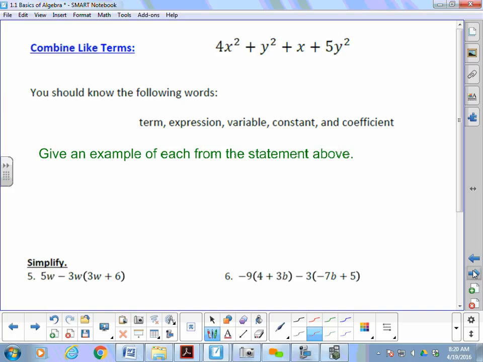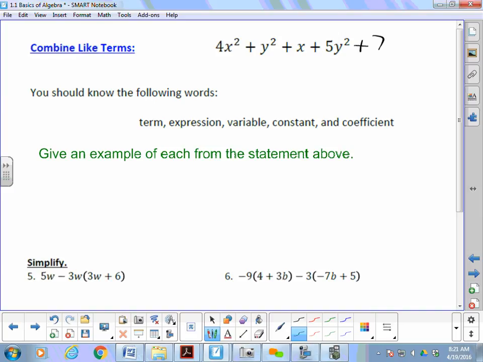All right, and actually, I need to add one thing up here. We'll make it a 7. So from that statement up there, 4x squared plus y squared plus x plus 5y squared plus 7, give me an example of each of those things: a term, an expression, a variable, a constant, and a coefficient.